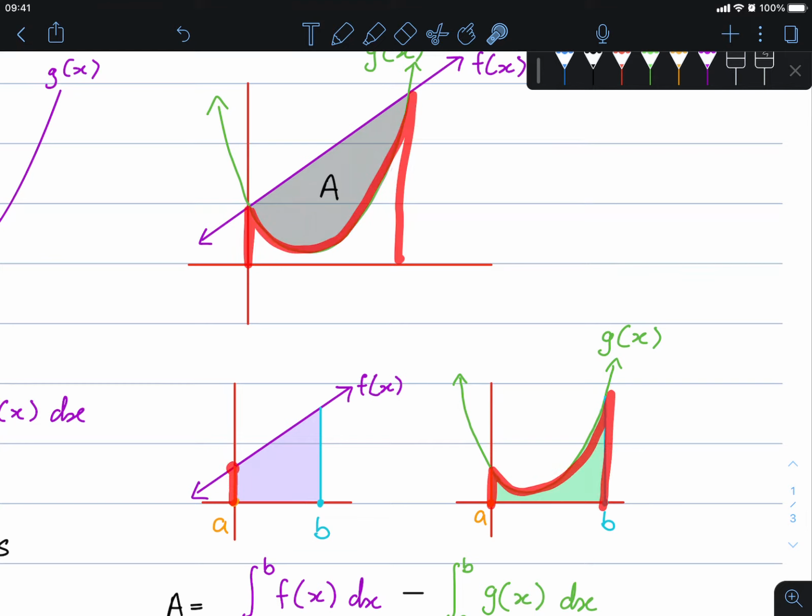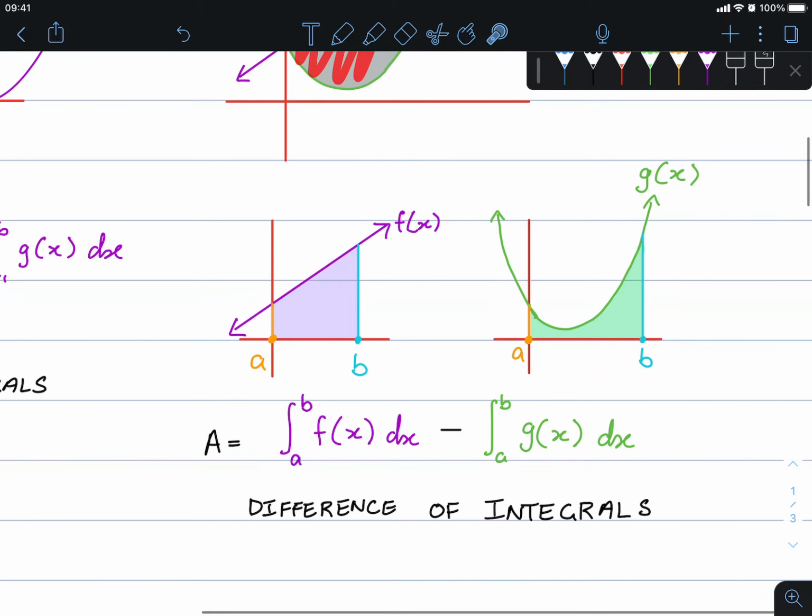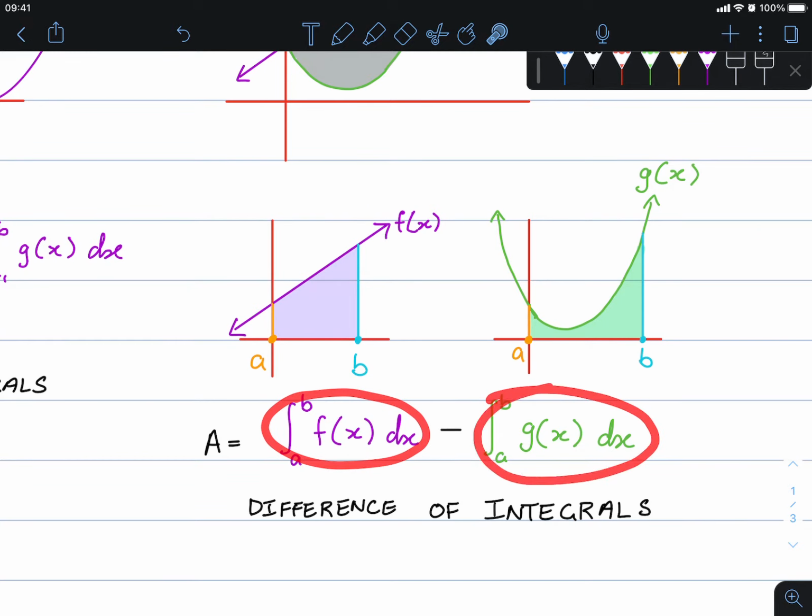So if I visualize it, we're actually subtracting that area. Notice how we are actually left with this area we are looking for. So that's the top function minus the bottom function.